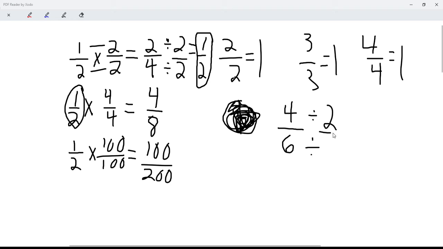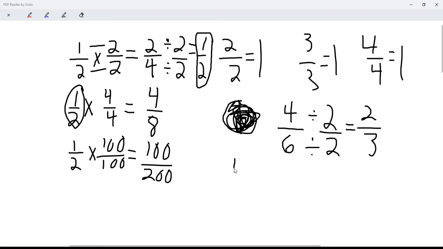I can divide by 2 over 2, and then that would give me 2/3, right? We're just going to divide across. Technically, this is not how you divide fractions, but in this case, this is how we do it, which is why I put two division signs here. But 4/6 equals 2/3.